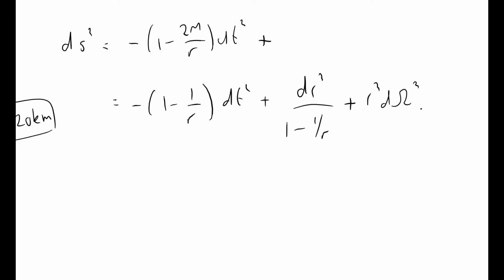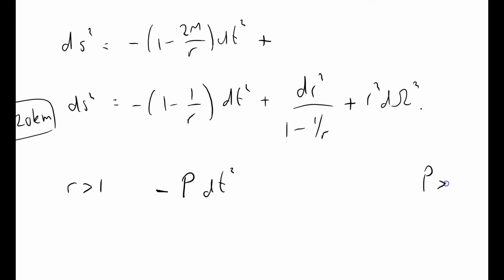Okay, so we've got this system here, that's ds squared, and I'm going to consider r is greater than 1. I'll always do r greater than 1 first, because we're living in r greater than 1, so it's got to work. So r greater than 1 implies that we've got minus something positive, dt squared.